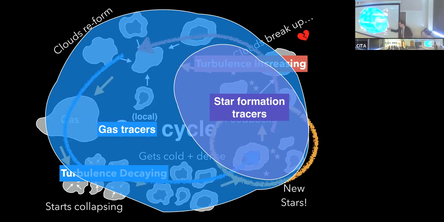Certainly, HI is probably visible in all of this, but you cap out at 8 to 10 solar masses per square parsec. CO is probably visible for a good fraction of it, but your star formation tracers are really only visible, again, from the moment you make young stars to some time scale thereafter, 4, 10, 40, maybe 100 million years.